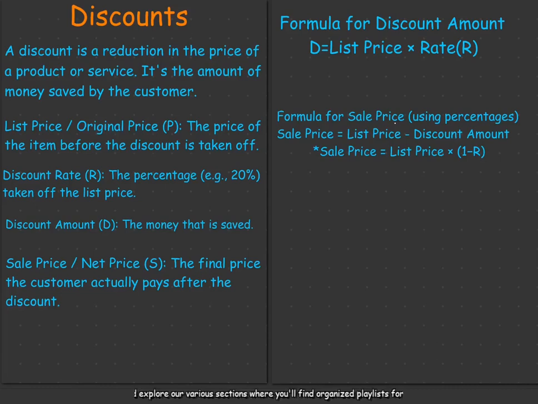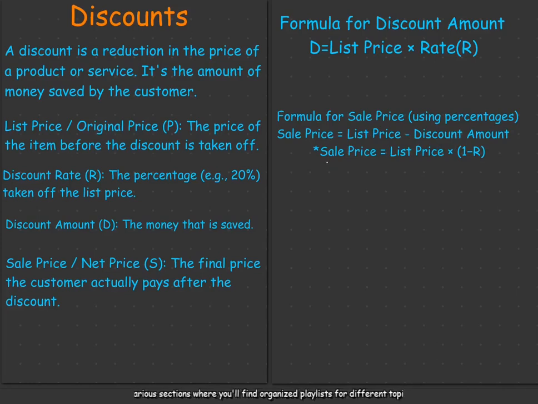So how much should we now actually pay? That is going to be the discount, which is the 2, being removed from the original price, which was 10, and that gives us 8. So it is the list price minus the discount. That will give you your sale price.